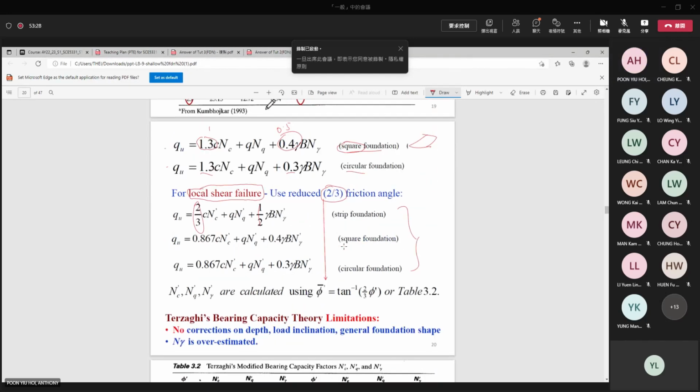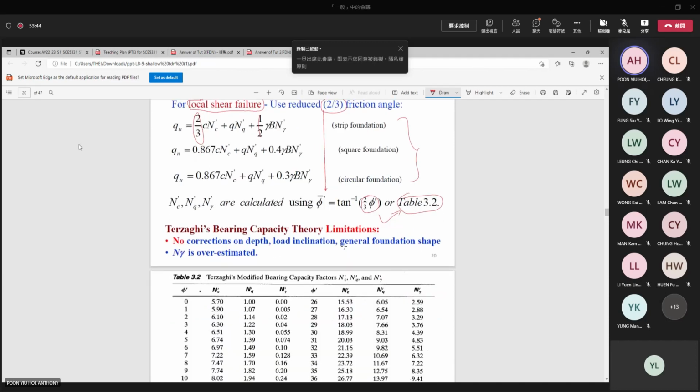Because the friction angle has been changed, we either use the basic equation to recalculate it, or we use this modified table.